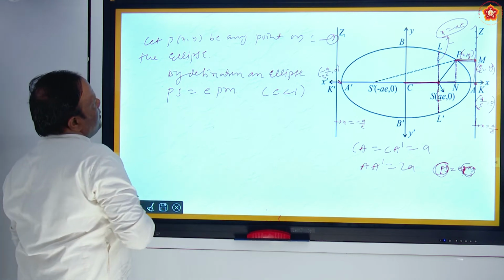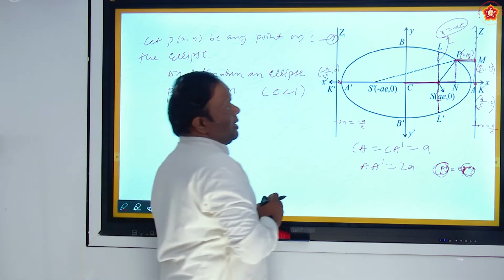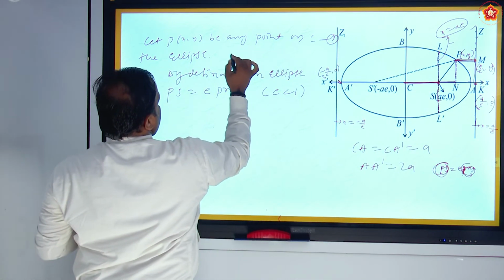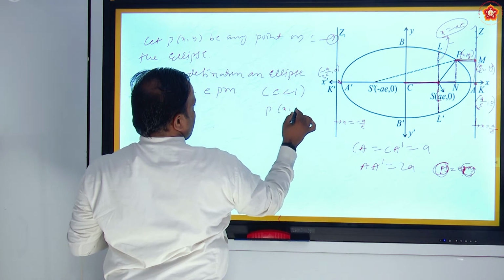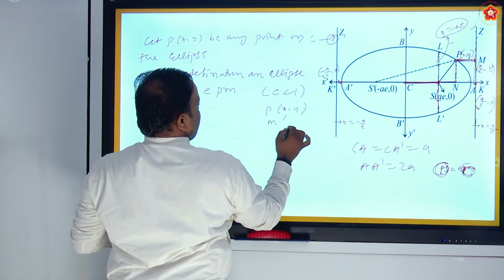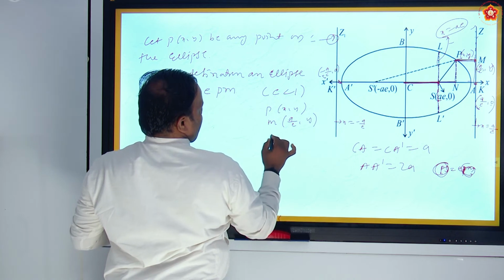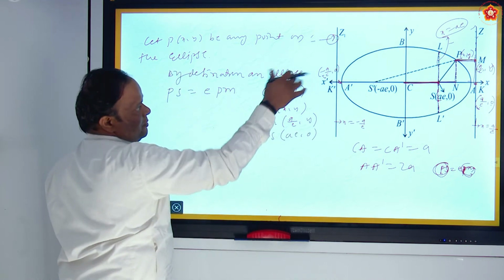So observe here, PS is found by using the distance formula. I write all the coordinates here. P point is (x, y), M is (a by e, y), and S focus is (ae, 0). We know all of this in the figure.